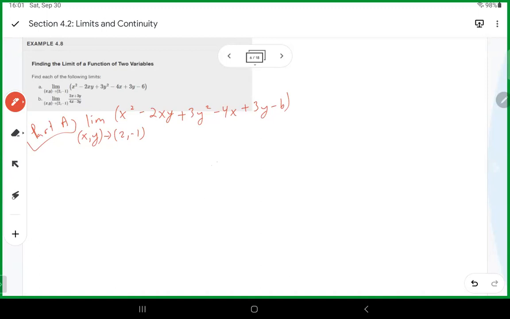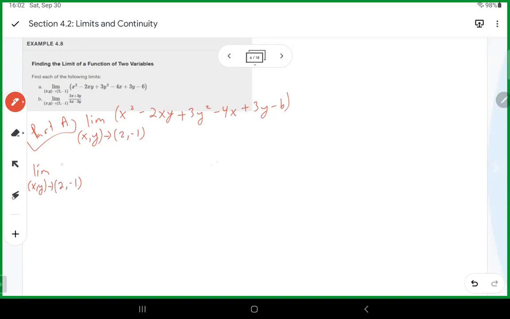All right, so the first thing we're going to do is split everything up. We're going to rewrite the limit as (x, y) approaches (2, -1).